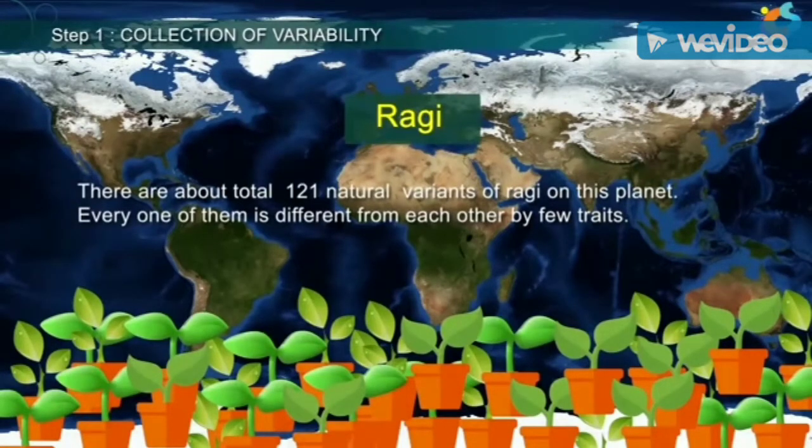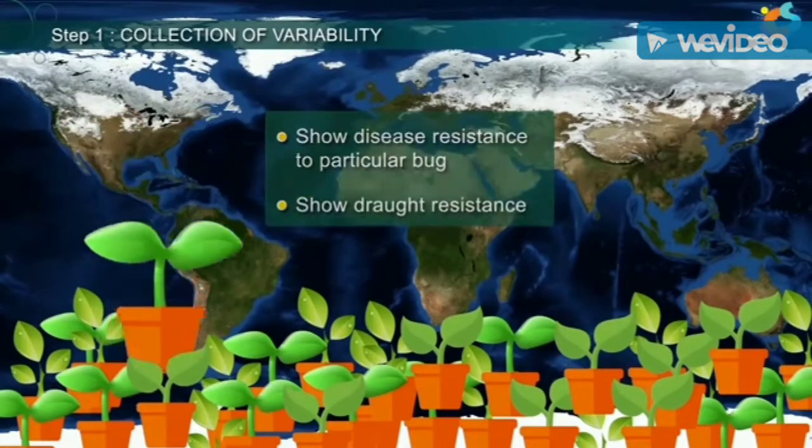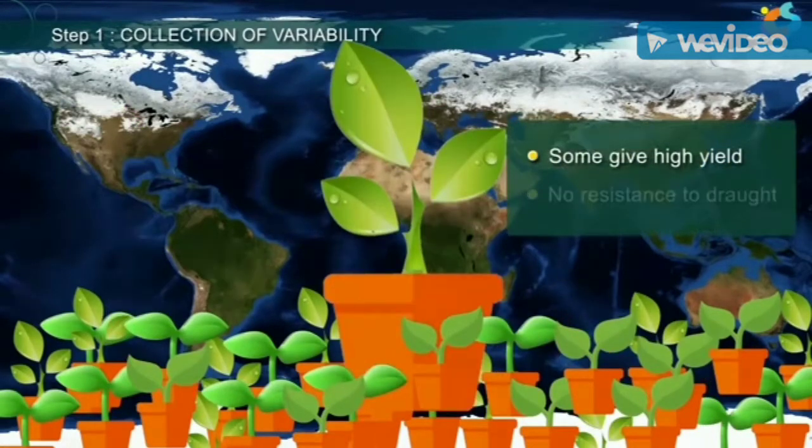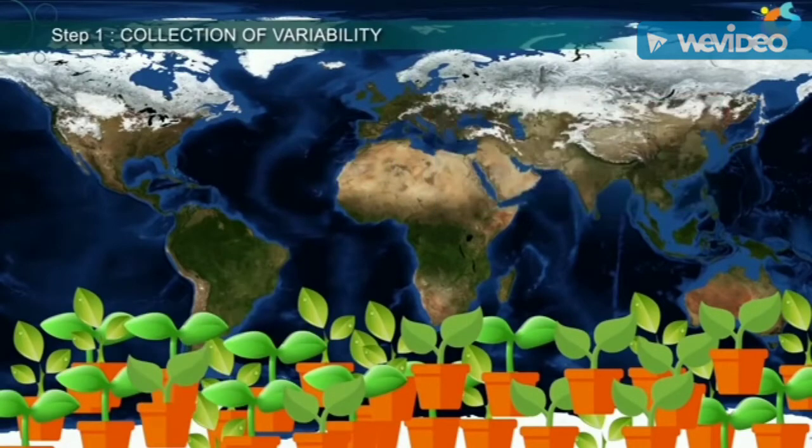Every one of them is different from each other by a few traits. Some show disease resistance to a particular bug and show drought resistance. Some give high yield and no resistance to drought. Some give less yield and show drought resistance, etc. All these are desirable characters.